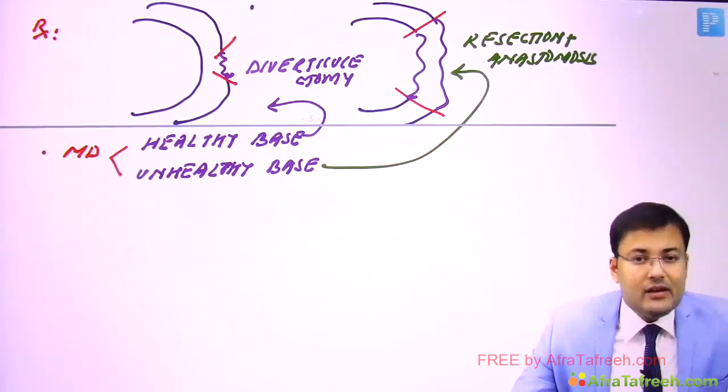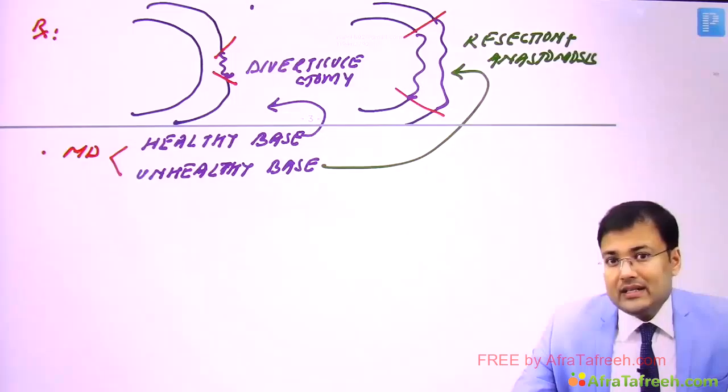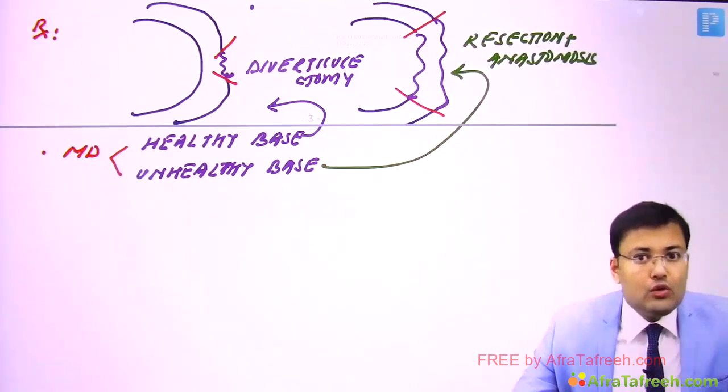But if you leave it, what's the problem? In 12% of cases, there are complications. So there are two schools of thought. The preferred thought is you should remove it.